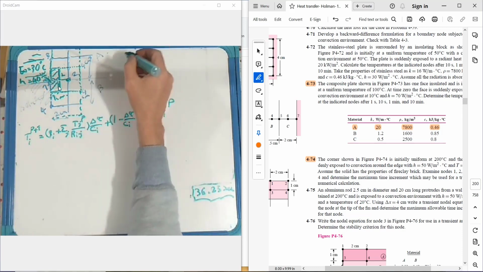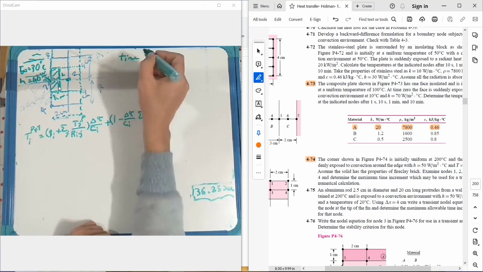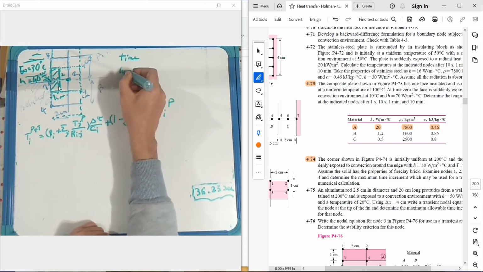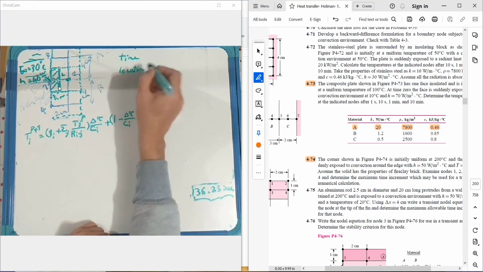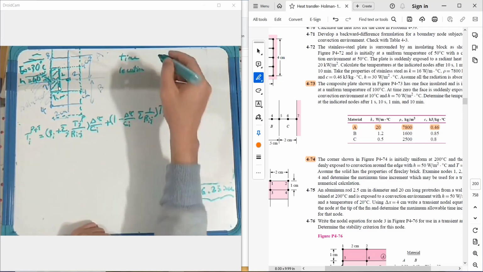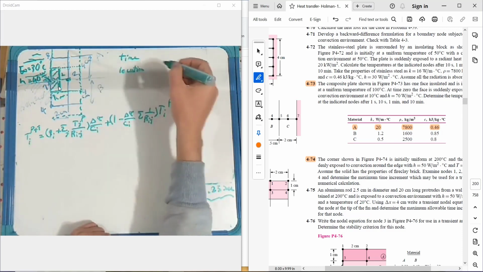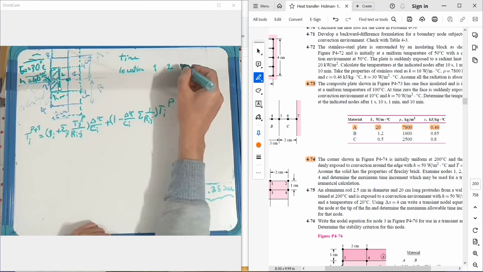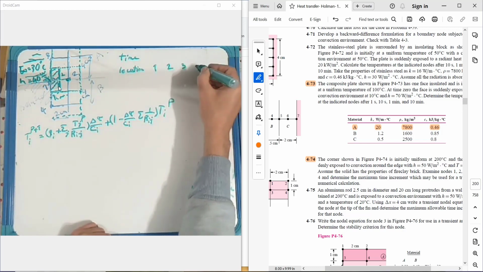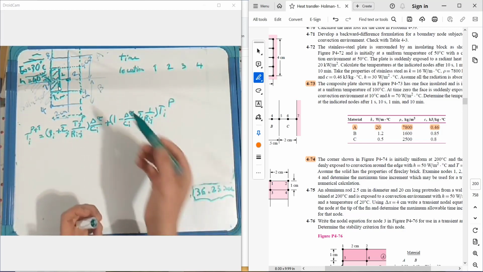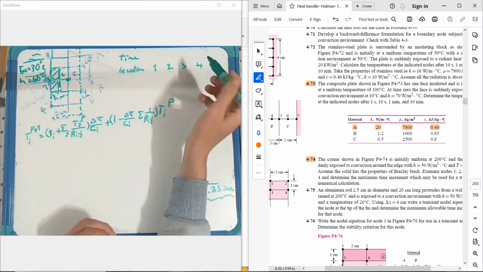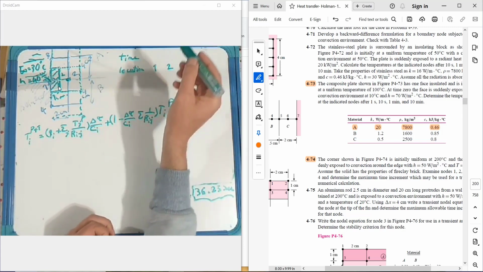For example, we have time and location. What are our locations? 4 points. Point 1, point 2, point 3, and point 4. We just have 4 points.